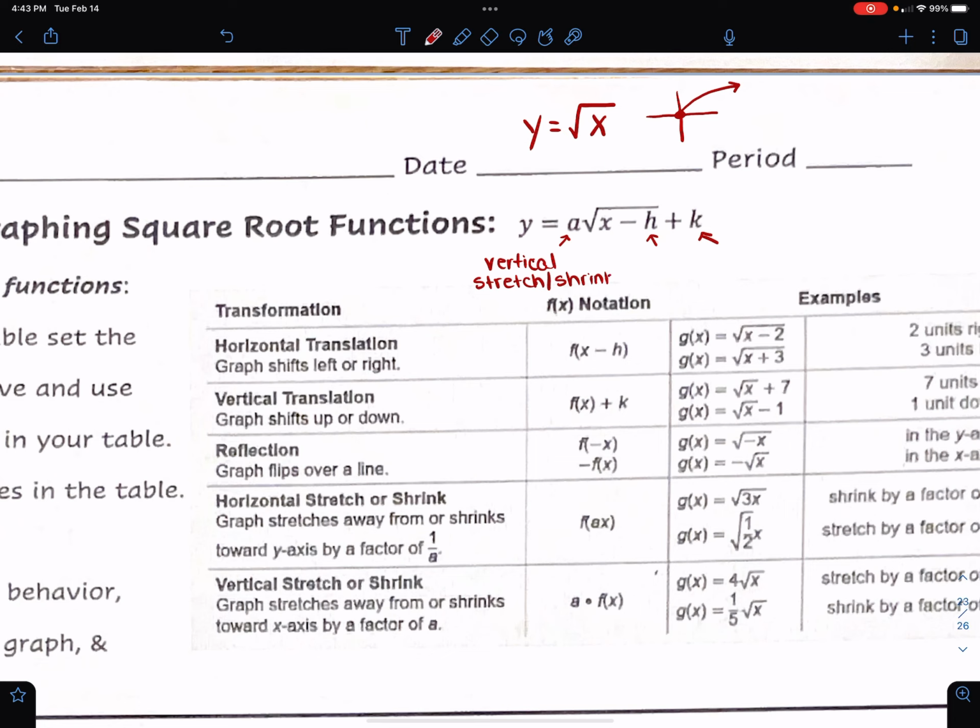The H value is going to identify if there is a horizontal translation. And the K value is going to identify if there is a vertical translation.